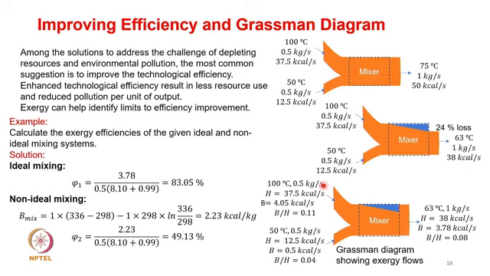The input here is B by H. H is 337.5 kilocalorie, B is 4, which is of course on the higher side. B by H is 0.11, here the B by H is 0.04, and here you will have 0.08, which is higher than that of the input flow rate. This is typically what we can attain by improving the efficiency.